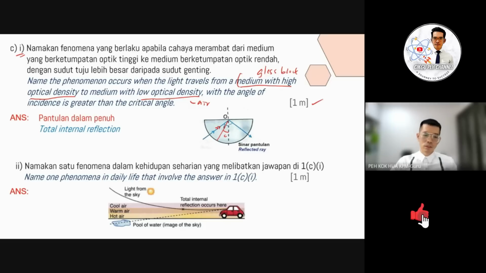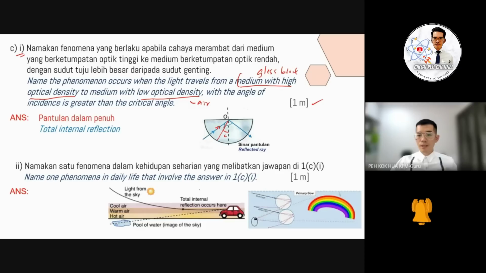So here, this is one of the examples: mirage will occur, and another one will be rainbow formation. So here is 1 mark. You only need to give one answer here. You may give mirage or rainbow, or other appropriate answers also.